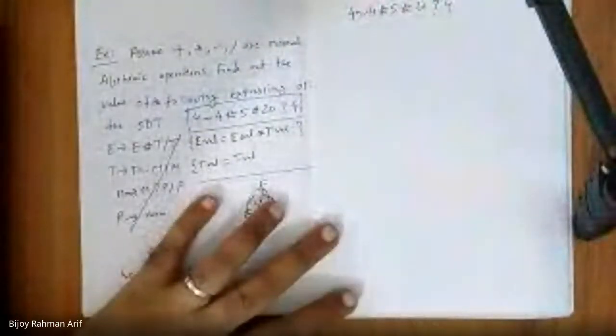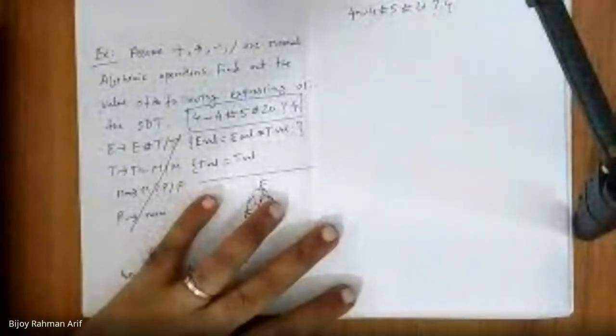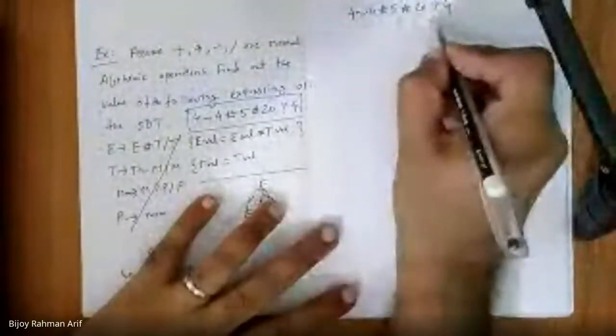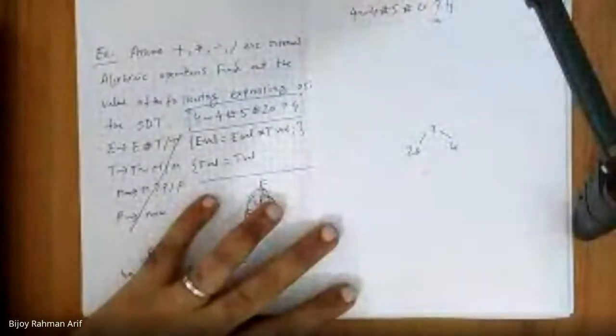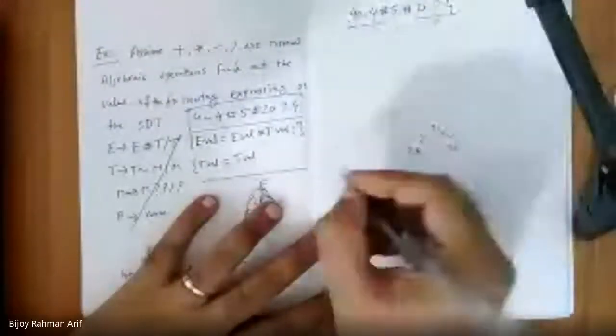Drawing the parse tree for this one seems very difficult, but there is a trick. I have to at first do the highest precedence operator, which is nothing but question mark. So I'm going to do this one first: 20 question mark 4. After that, I'm going to do the next highest precedence one, which is wiggle.